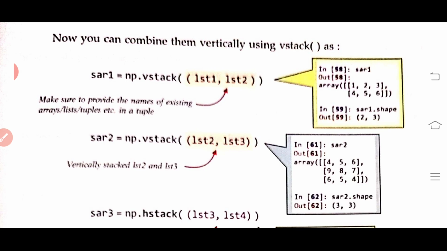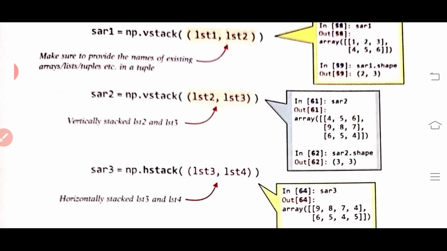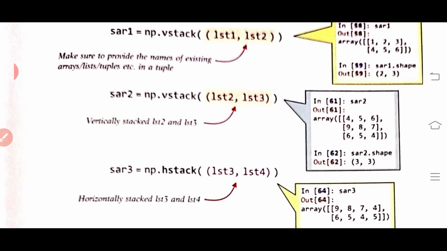When you run SAR2 in your Jupyter notebook, the resultant variable will be an array: 4 5 6, the elements of LST2, and after that the elements of LST3, 9 8 7 and 6 5 4. These two lists are elements of LST3, and the first line 4 5 6, the element of LST2, is added and saved inside SAR2, vertically stacked LST2 and LST3.